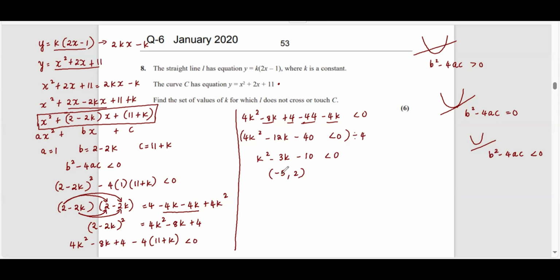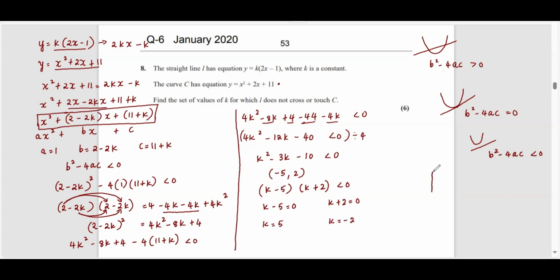So this will be k minus 5 into k plus 2 is less than 0. We need to find the critical values, so equate them to 0. k minus 5 equals 0 gives k equals 5, and k plus 2 equals 0 gives k equals minus 2.